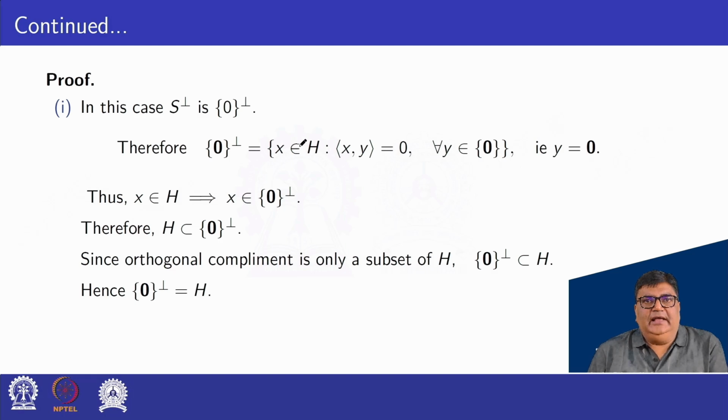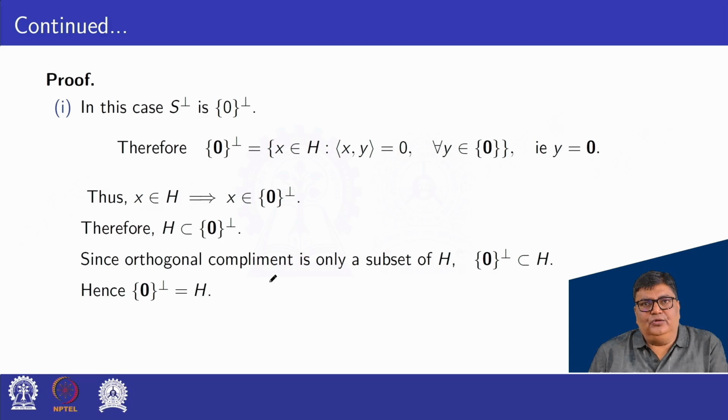Thus X belonging to H implies that X belongs to the perpendicular of the singleton set 0. Therefore H is a subset of the perpendicular of the singleton set 0.